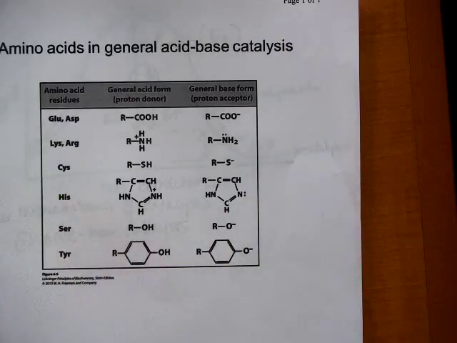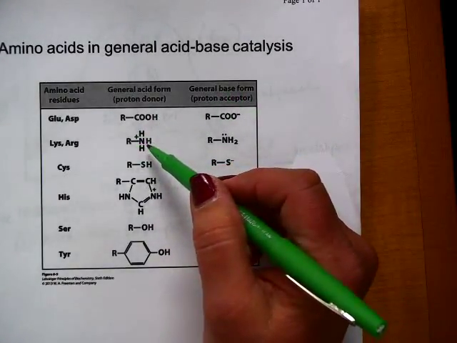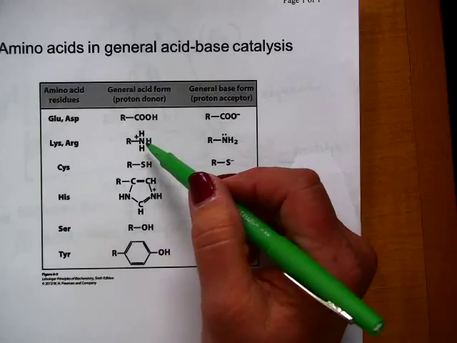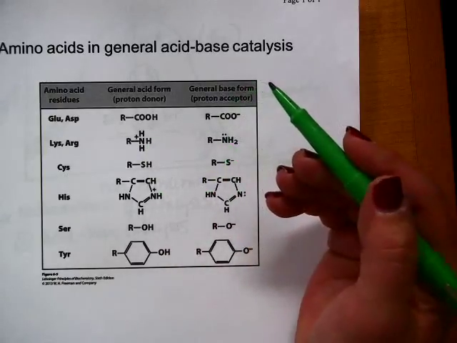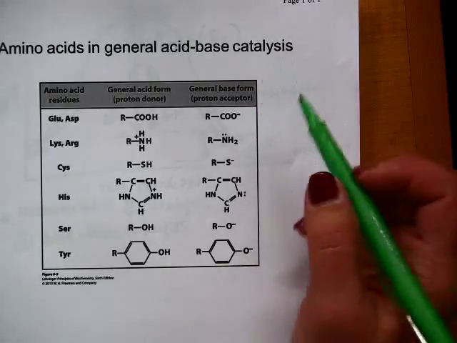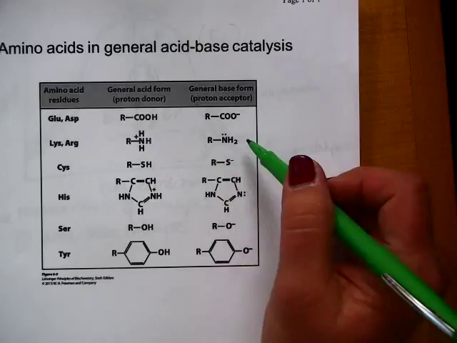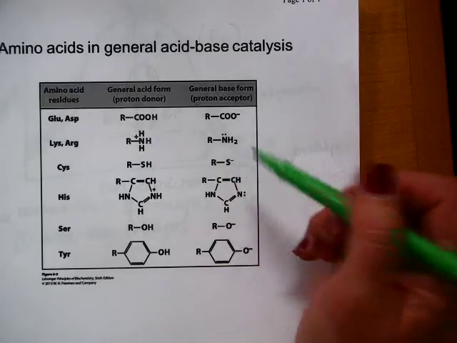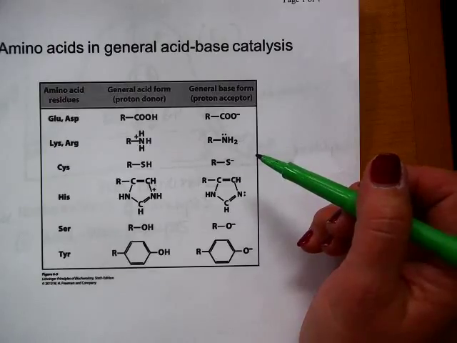Lysine and arginine, they're basic. In the protonated state, though, the side chain's protonated state, it can act also as a proton donor. So at physiological pH, it would be a proton donor. When it's in its unprotonated state, it could act as an acceptor, but also consider what pH that would be.